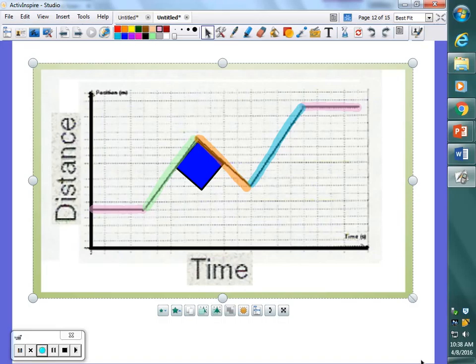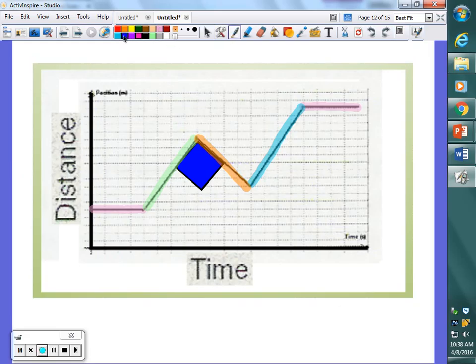No, because distance doesn't tell you which direction you're going. From here to here is the same distance up on the y-axis as from here to here is down on the y-axis, but when you're talking about distance, it doesn't matter which direction you're going.